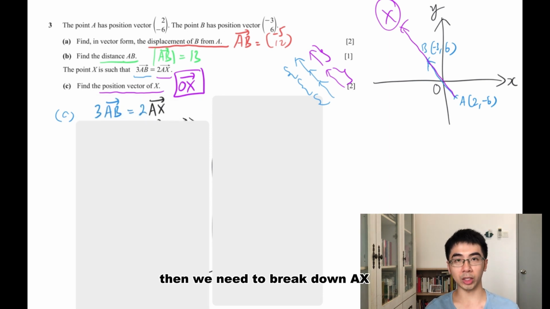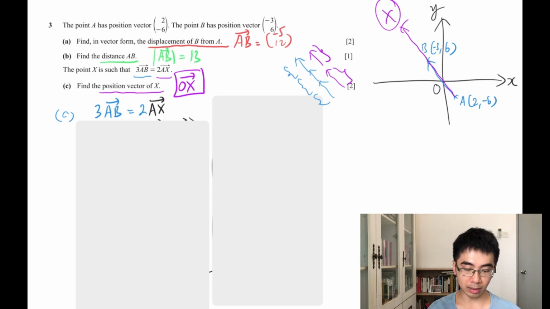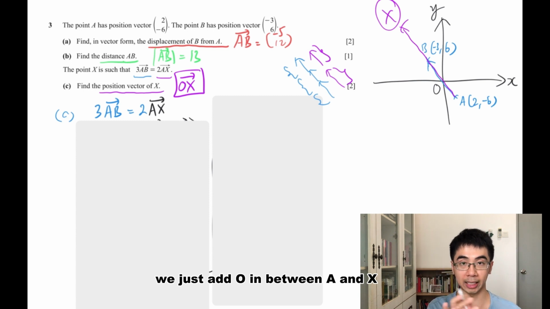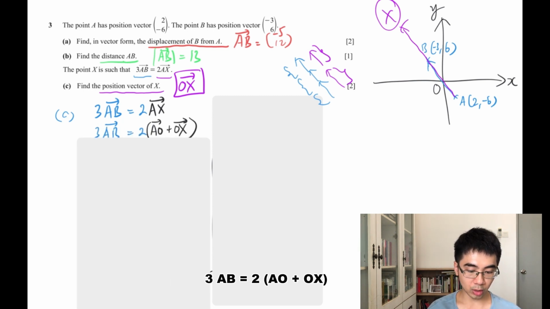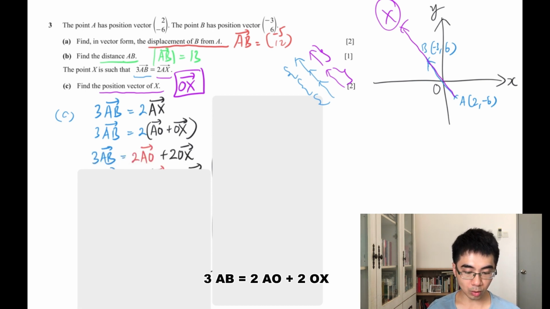And then we need to break down the AX so that we can obtain the vector OX. So what do we get? We just add O in between A and X, which is 3 times AB will be equal to 2 times bracket AO plus OX. And then we just break the bracket. We got 3 times AB will be equal to 2 times AO plus 2 times OX.